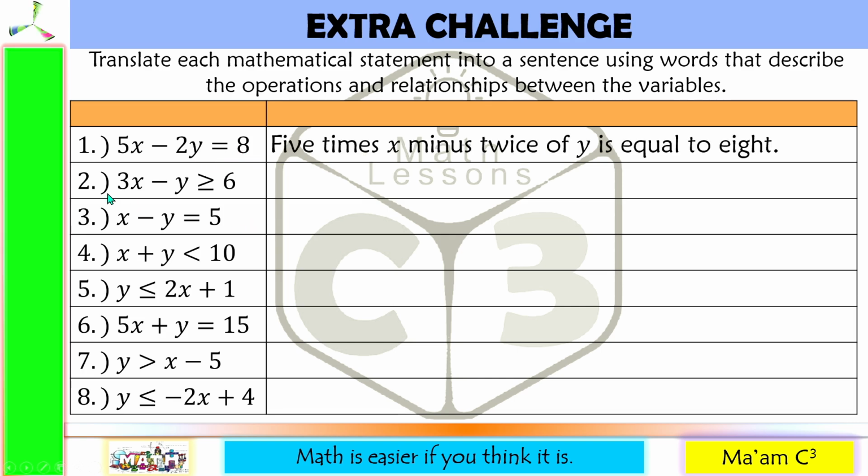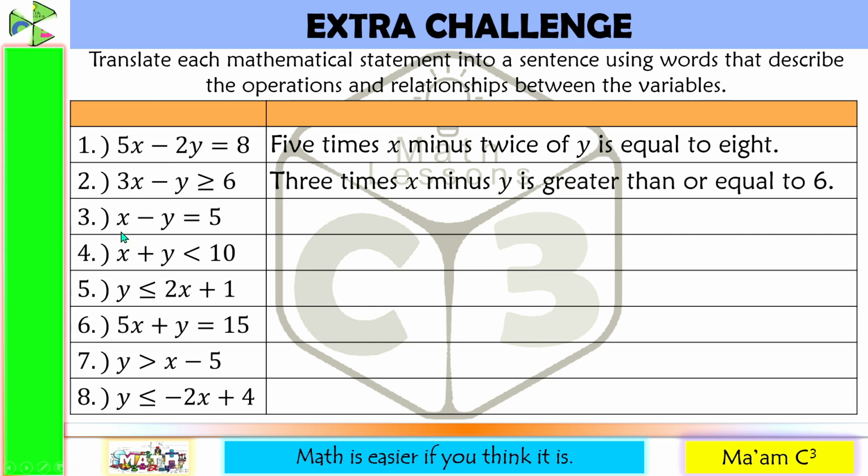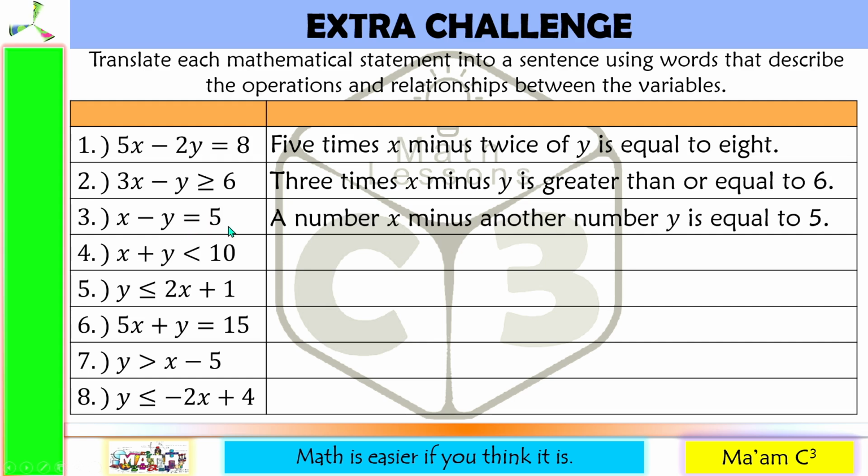Number 2, 3 times x minus y is greater than or equal to 6. Number 3, a number x minus another number y is equal to 5.